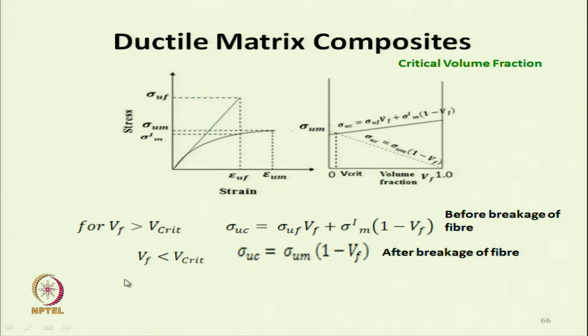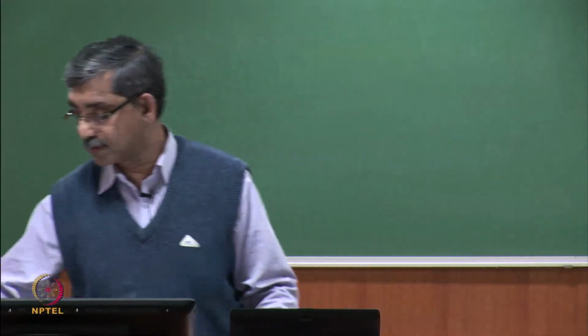So, if it is less than critical volume fraction, if we use a smaller quantity of fiber, then we will see the ultimate stress of the composite will be dominated by the matrix only, not the fiber, because we can see here.